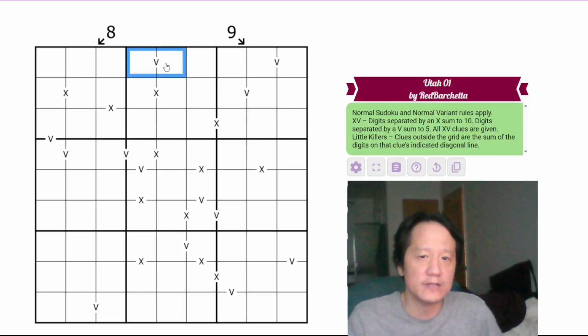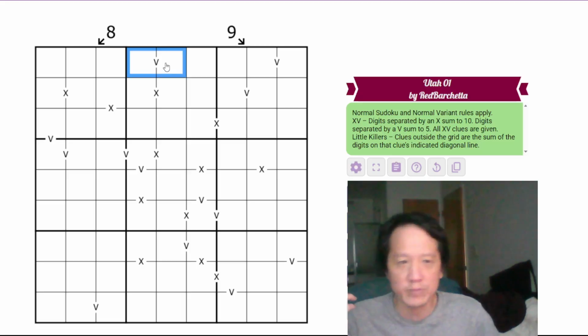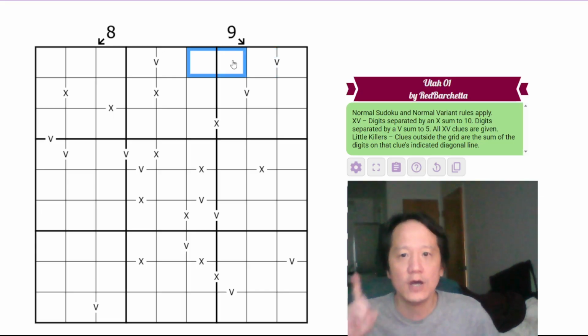So what we like to say in the Sudoku community is that there is a negative constraint, which means a constraint which is negatively inferred because we are given the information that all XV clues are given.